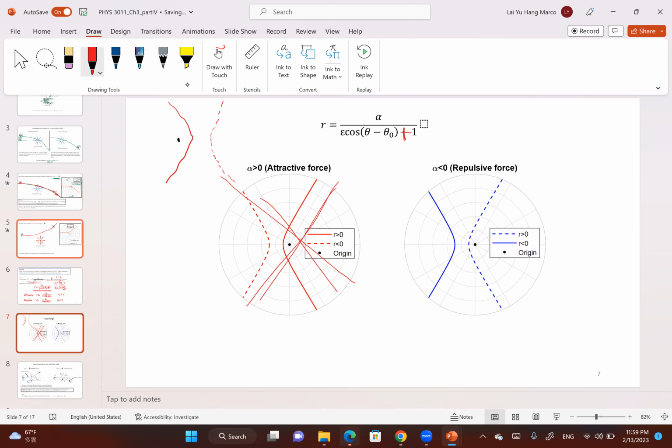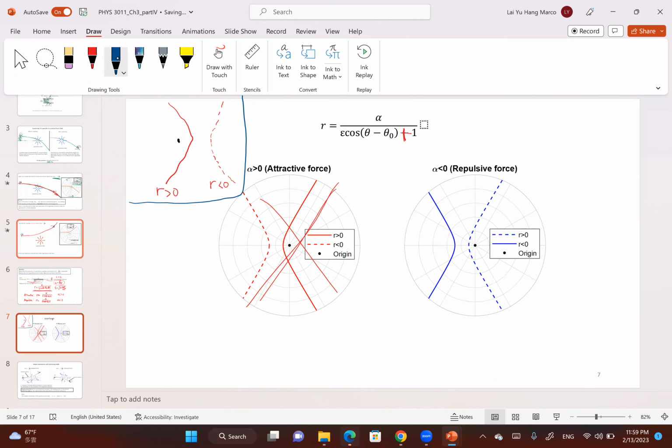The two curves should be on the right hand side of this origin point, instead of the left hand side. Let me label it first. Okay, so this is the correct plot.